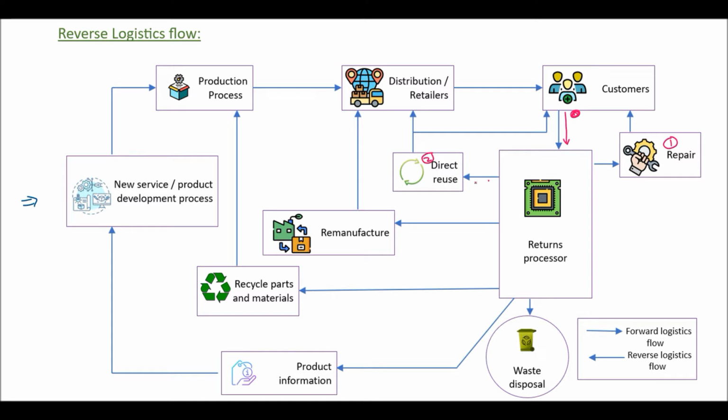As soon as you find that this product which has been returned by the customer can be reused by another customer, it can be sent back to the distribution or retailing facility from where it can be sent to another customer. The third one is remanufacturing.